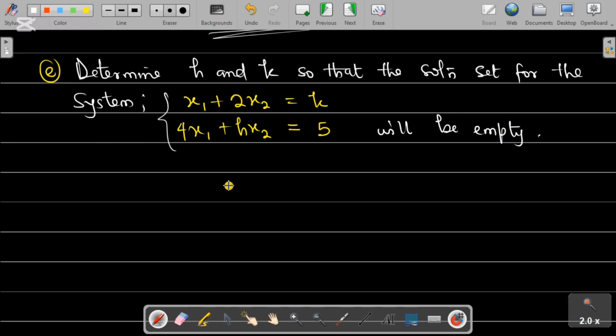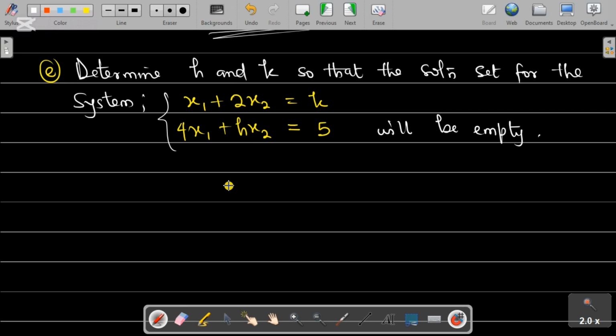Sorry, I've been using it: a system of equations is where you have a set of equations, more than one equation. So when you have more than one equation, you call it a system of equations. Now they are asking us to determine the values of H and K that will make the solution set of that system empty.